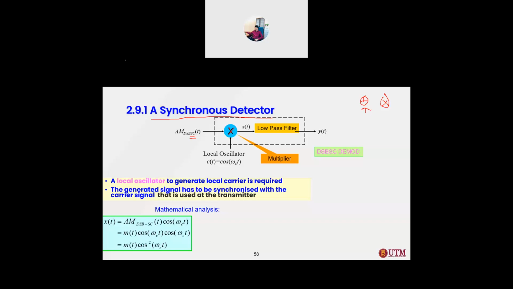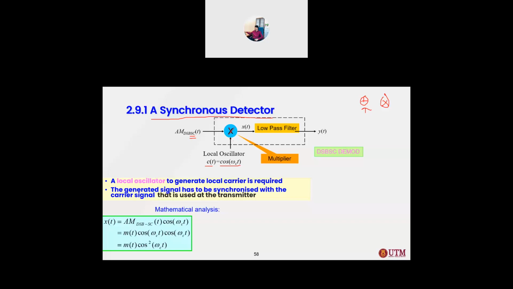If not, you cannot demodulate correctly. So you need the information of what signal is transmitted using what carrier. Then the local oscillator is cos omega c t, tuned to the frequency of the carrier, not the modulator and the carrier.